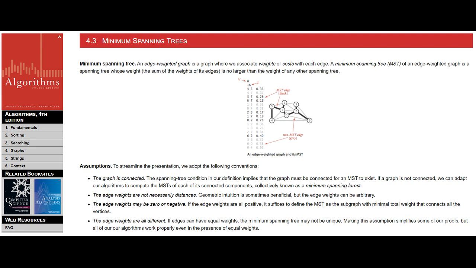The first algorithm for finding a minimum spanning tree was developed by Czech scientist Otakar Borůvka in 1926. Borůvka's algorithm takes O(m log n) time. A second algorithm is Prim's algorithm, which was invented by Vojtěch Jarník in 1930, and its running time is either O(m log n) or O(m + n log n), depending on the data structures used.